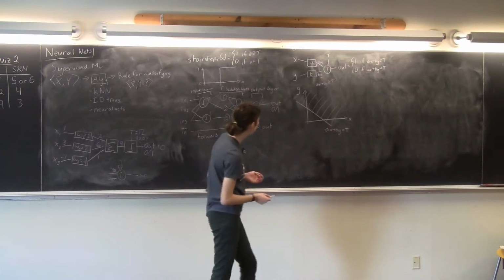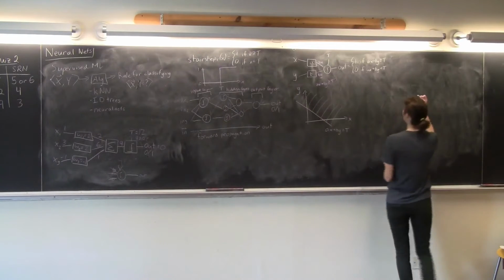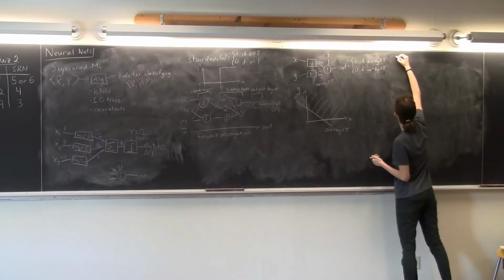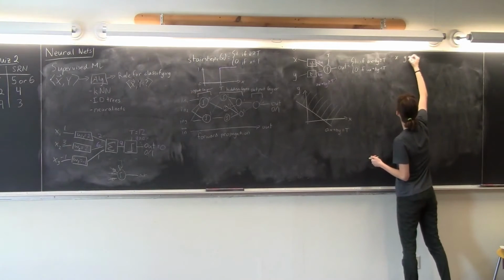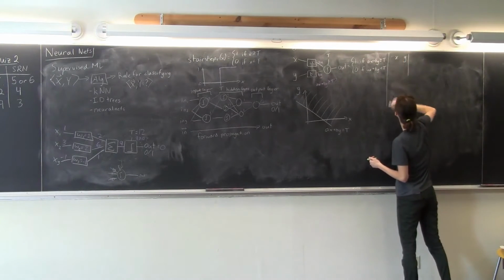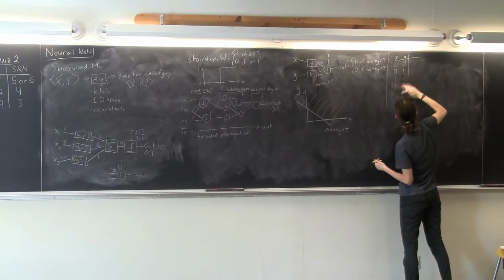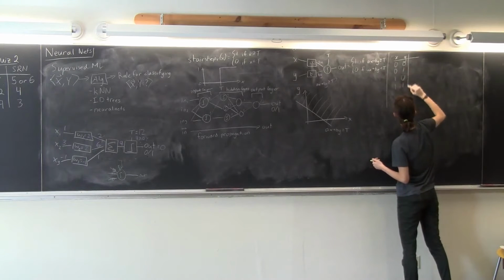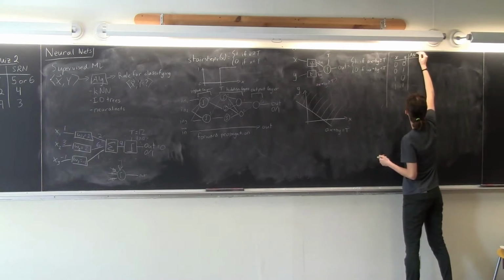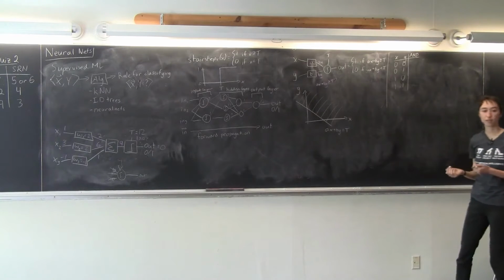So let's look at a specific example. Let's say that we want it to compute a Boolean AND function. So we have two inputs, x and y, and they can each be 0 or 1. And then we want to compute the AND of x and y.